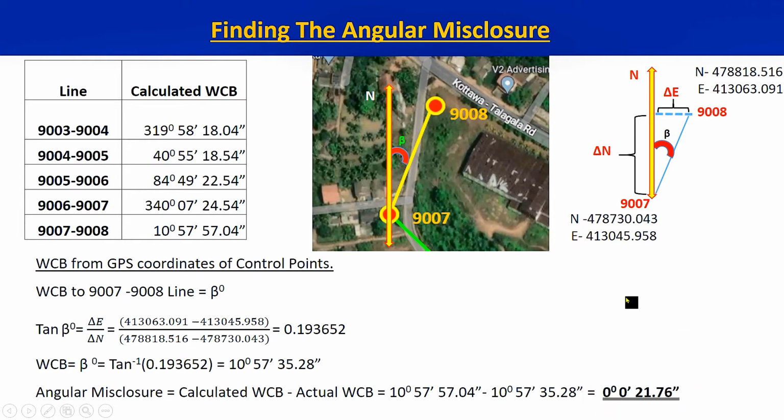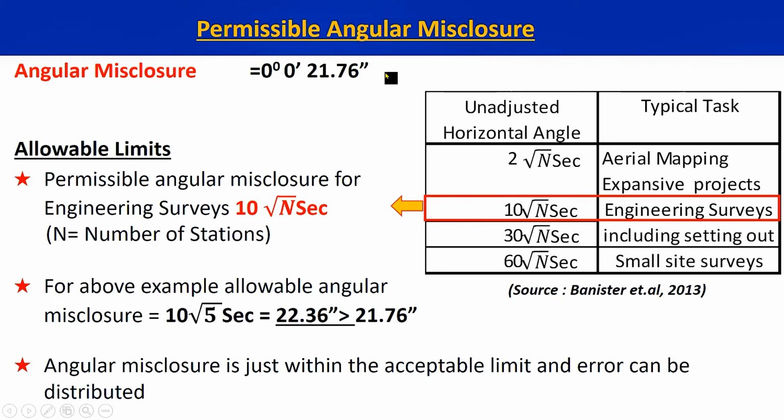So the next thing is we need to see whether this misclosure is within the permissible range. For that, I have taken this from Bannister's book, 2013. Accordingly, for engineering surveys, 10 root n seconds is the permissible range within which the error can be distributed.